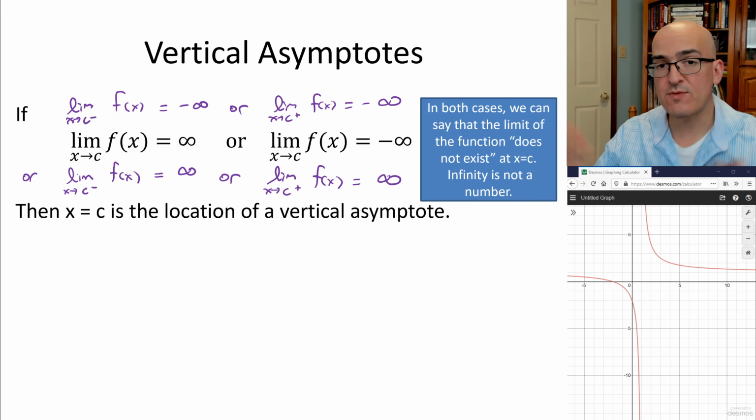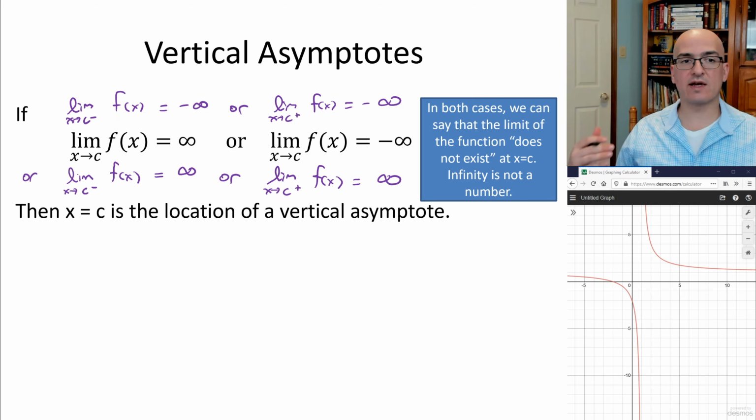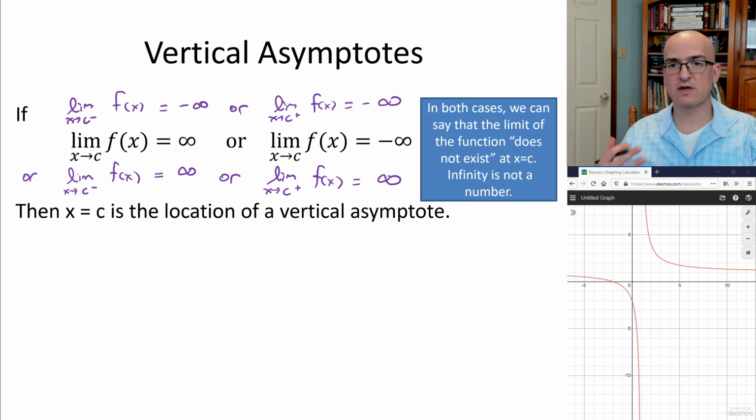So if any one of these things is happening, if we're getting a plus infinity or minus infinity as a result of a limit from the left, a limit from the right, or the two-sided limit, or any combination of those, then we can say that x equals c is the location of a vertical asymptote. That's our definition.